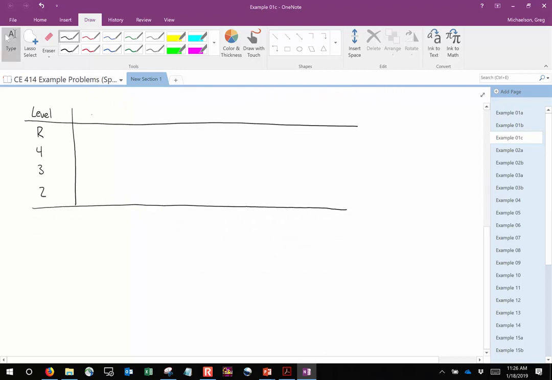Now the first thing that we're going to list is the weight of each story. So that's 50, that is 200, that is 300, and that is 250.